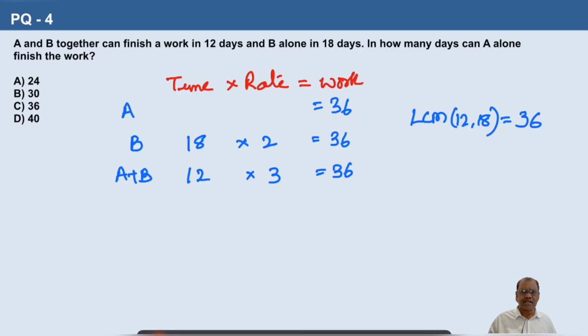So if you subtract 2 from 3, you will get 1. So 1 unit is the rate of A. So 36 units of work, working daily 1 unit, A will take 36 by 1, that is 36 days. So time taken by A is 36 days. Option C is the right answer.